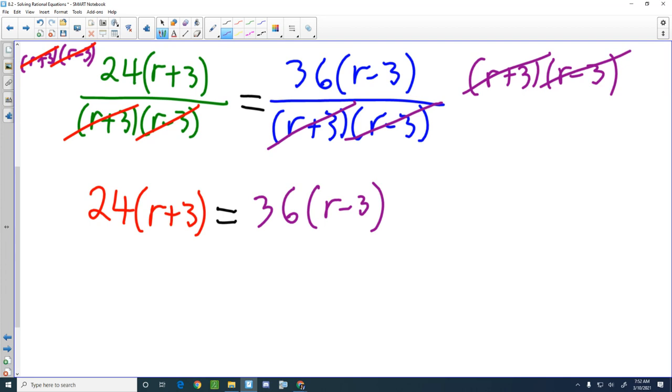And now look at our equation. Are there any more fractions? Nope. Do you think you could solve that equation as it's written right now pretty easily, everybody? Like, what do you have to do to the number in front of the parentheses? Just distribute it, right? Combine like terms. Go ahead and solve that right now for me. Figure out what r is going to equal from this line right here with the red and purple. Go ahead, distribute, combine like terms, and solve that equation for r.